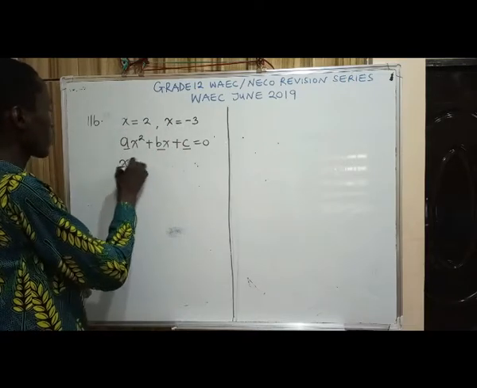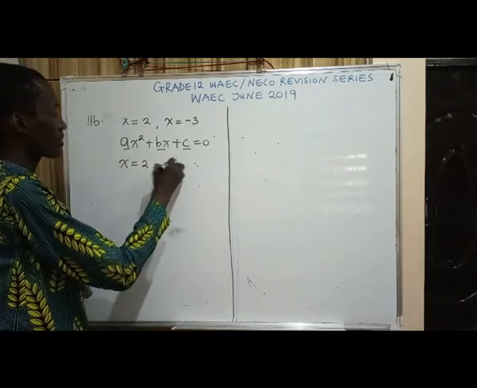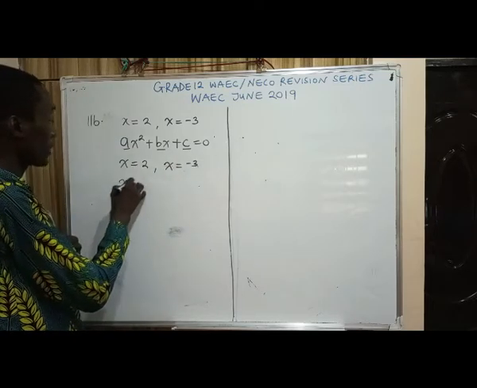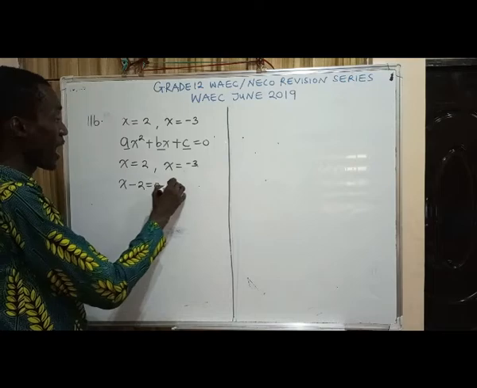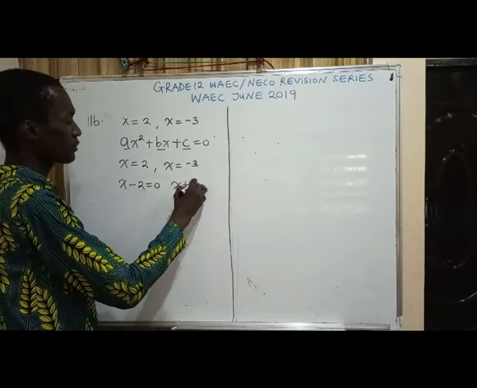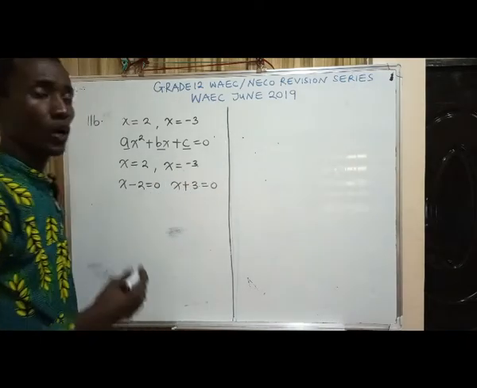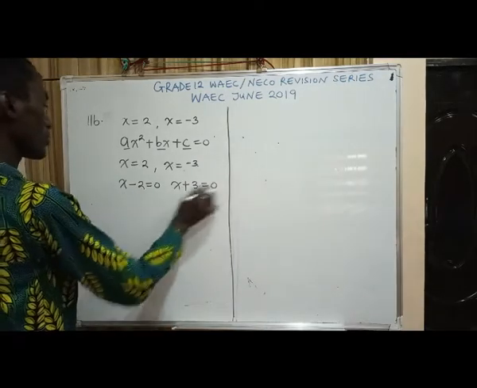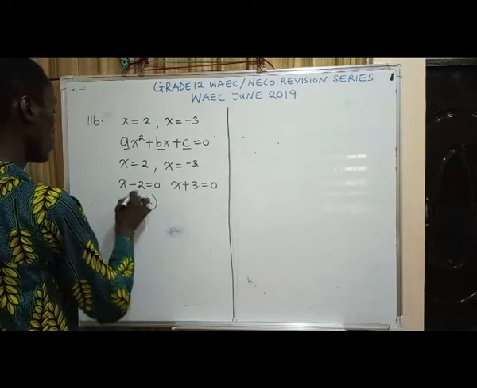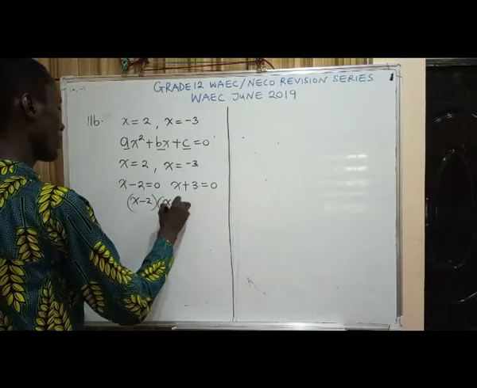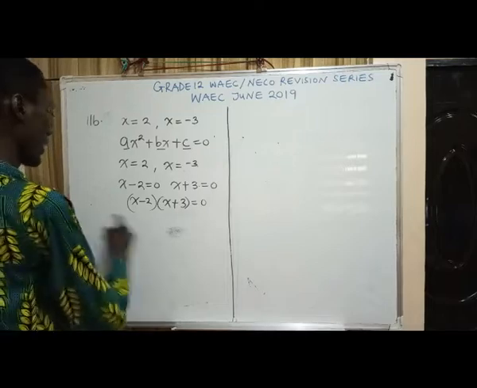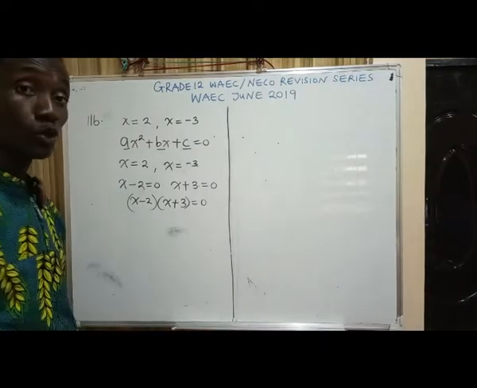Now, if x is equal to 2 and x is equal to -3, these are roots. So what will the factors be? x minus 2 equal to 0 and x plus 3 equal to 0. These are factors. So from this, if this is equal to 0, this is equal to 0, it means that x minus 2 will multiply x plus 3 will be equal to 0. So I can expand this. I can use my no-show method.